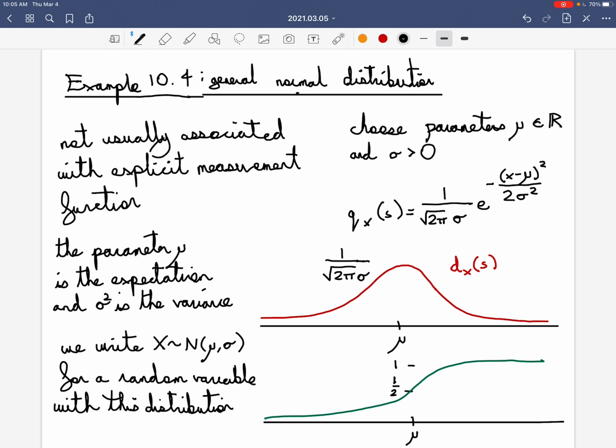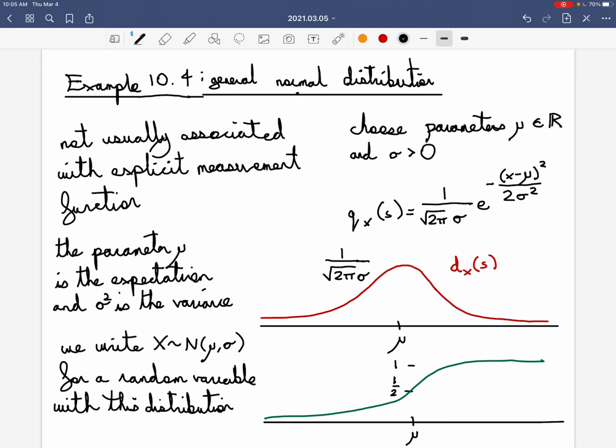So the standard normal is centered at 0, and it has a variance of 1. I haven't explicitly defined expectation and variance for continuous random variables. I'll do that on the next page, but the reason for passing from the standard normal to the general normal is the general normal allows you flexibility with the mean and variance.